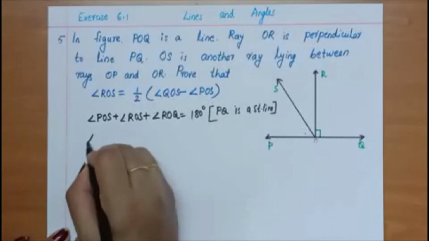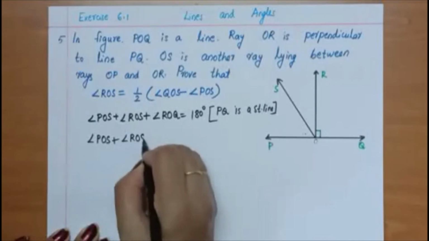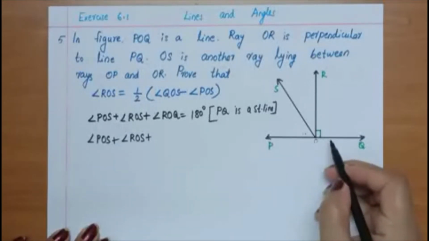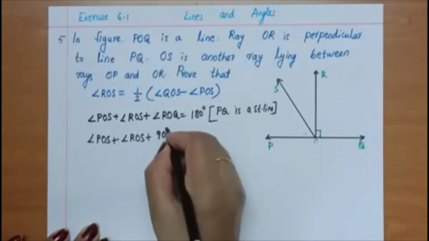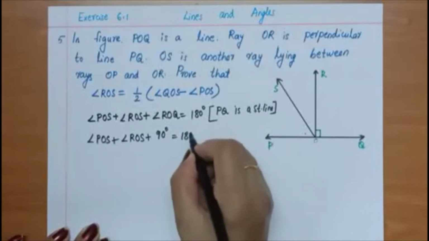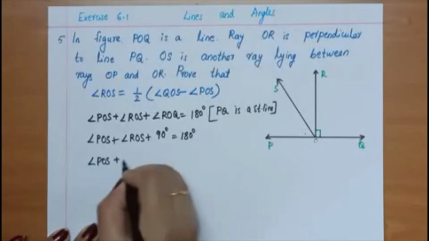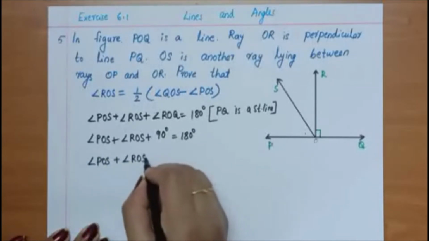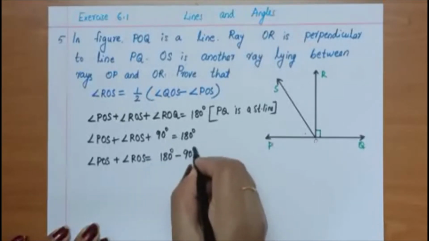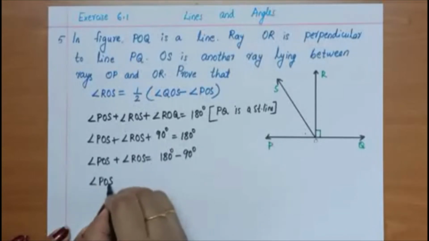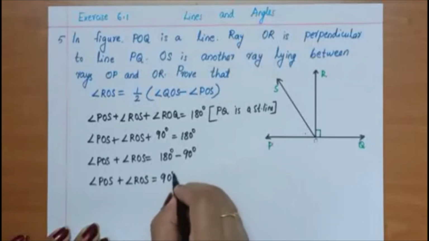Then angle POS plus angle ROS plus angle ROQ, where the measurement of ROQ is given as 90 degrees. So we put 90 degrees here: angle POS plus angle ROS plus 90 degrees equals 180 degrees. So angle POS plus angle ROS equals 180 degrees minus 90 degrees, which is 90 degrees.